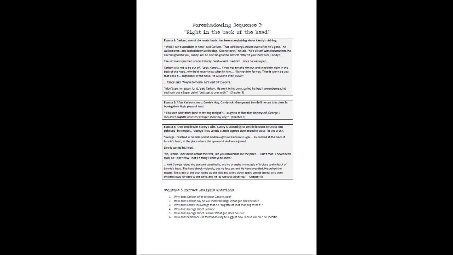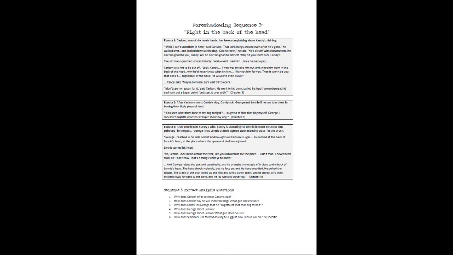And George raised the gun and steadied it, and he brought the muzzle of it close to the back of Lenny's head. The hand shook violently, but his face set and his hand steadied. He pulled the trigger. The crash of the shot rolled up the hills and rolled down again. Lenny jarred and then settled slowly forward to the sand, and he lay without quivering.